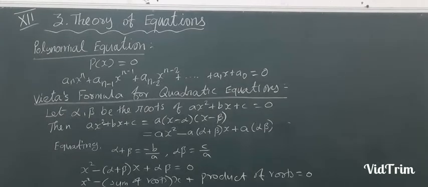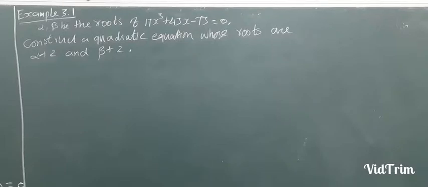Don't forget that. Now we are going to solve some problems using the Vieta formula. Example 3.1. If alpha and beta are the roots of 17x^3 + 43x - 73 = 0, construct a quadratic equation whose roots are alpha + 2 and beta + 2.